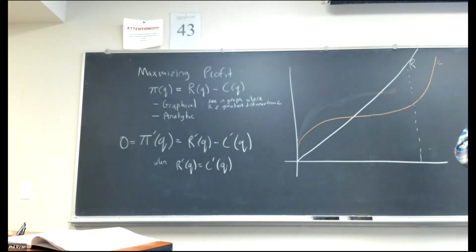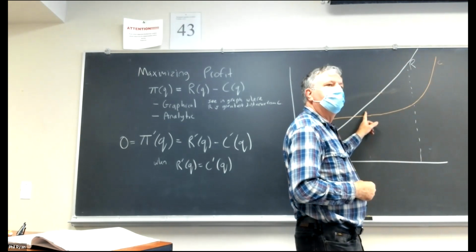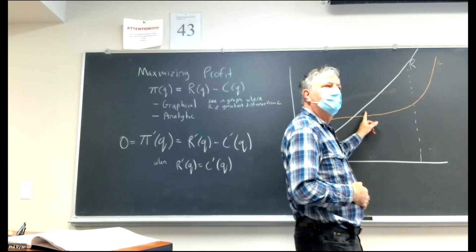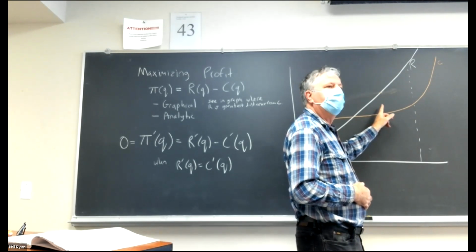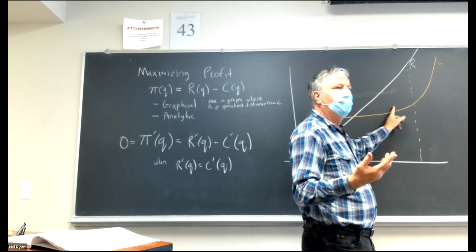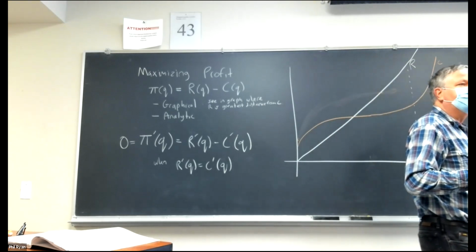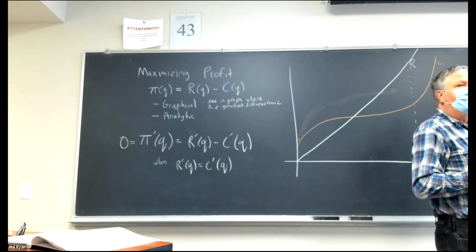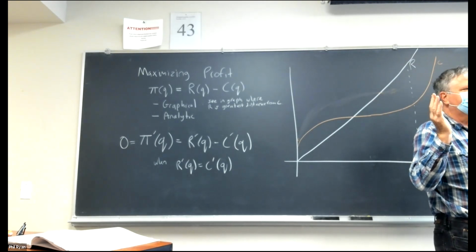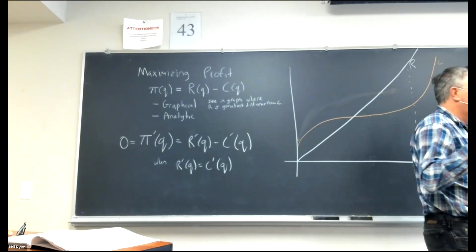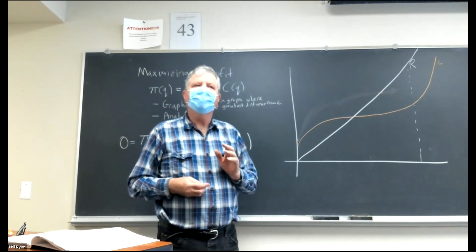So for example, we're here. We see marginal revenue is greater than marginal cost, so we increase production. Marginal revenue is still greater, and we go till when? Till they're equal, because when we reach a point where marginal revenue equals marginal cost, we make no profit on that additional unit. So we stop. We don't increase production.